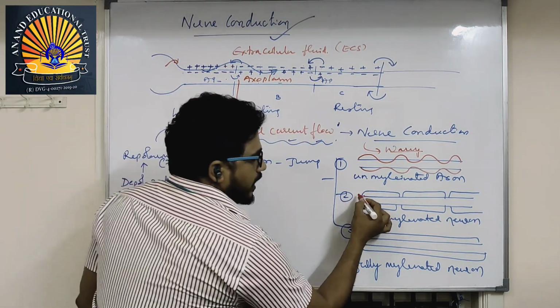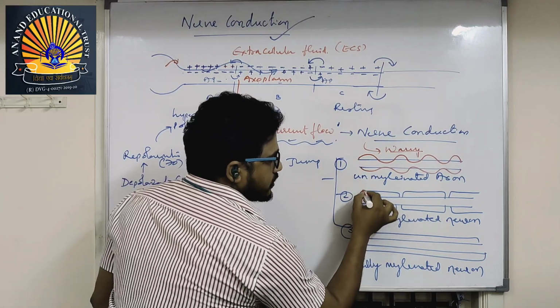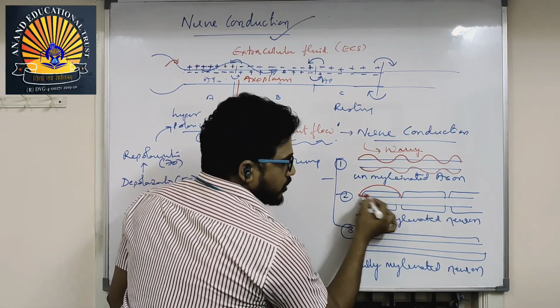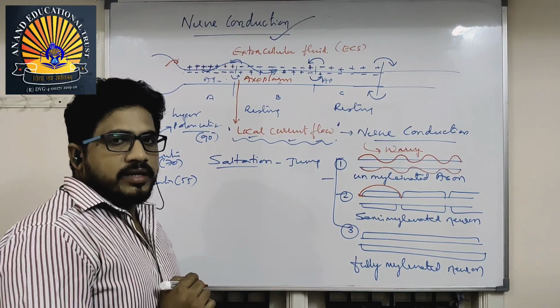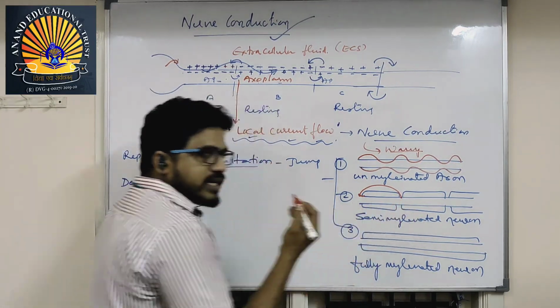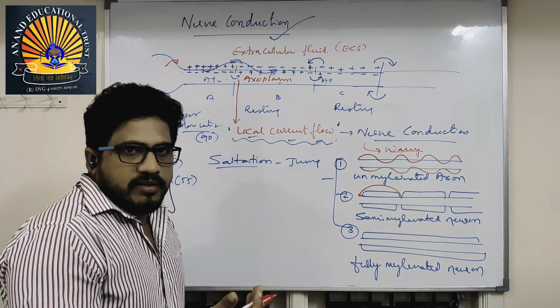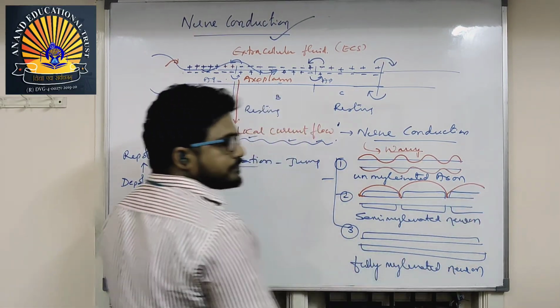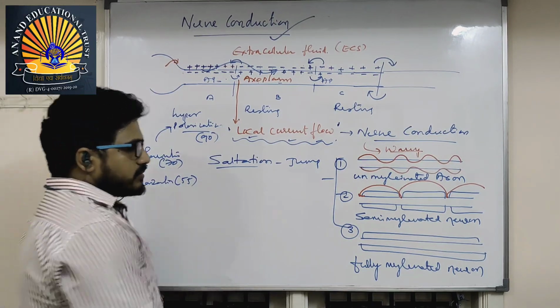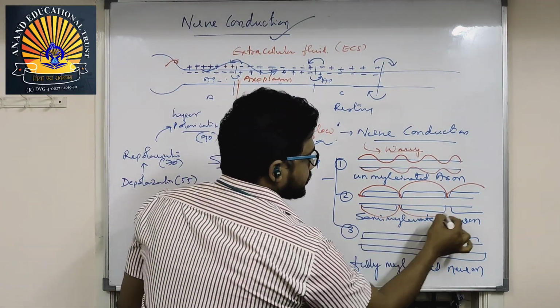So it does not allow its movement as a wave, so it will jump from the axon hillock to the first Ranvier node, meaning the interval between two myelin sheaths. Ranvier node doesn't have myelin sheath, meaning it doesn't have lipid, so it will jump here. From here to here, from here to here, and on the other side also.